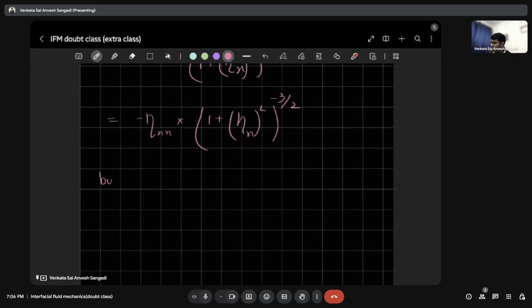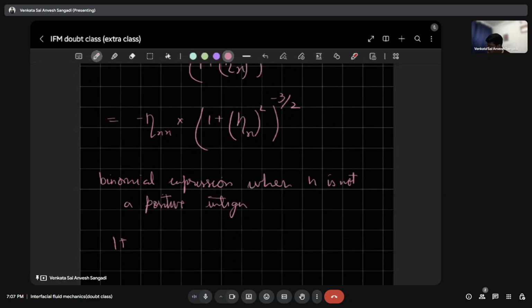So we know the binomial expression when n is not a positive integer. 1 plus x to the power n is equal to 1 plus nx plus n into n minus 1 by 2 factorial x square plus so on.